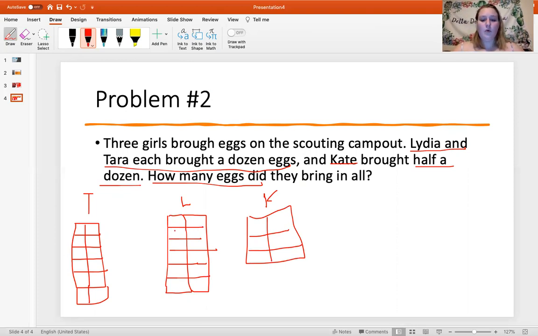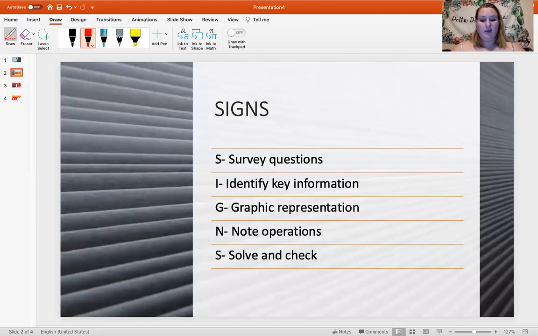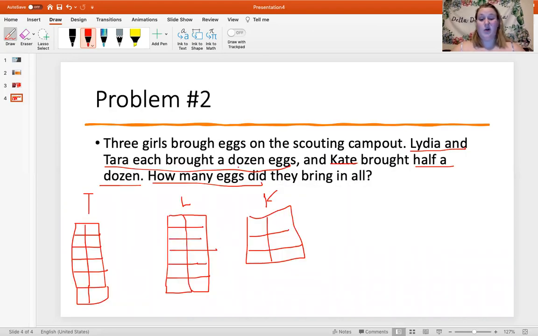So now that we drew it, now we can note our operation. They want to know how many. I'm thinking we're going to do some addition. How many? We're going to add them up. So we have 12. Oops, that's a 2. So we have 1, 2, 3, 4, 5, 6, 7, 8, 9, 10, 11, 12.